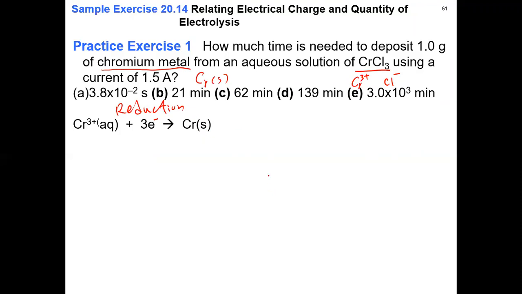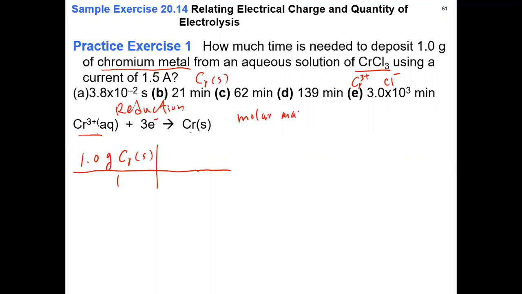So what you do is first calculate how many moles of this ion. You can start with 1.0 gram of Cr. The moles of ion equal moles of solid. So we use our usual way: converting from grams to moles with molar mass.